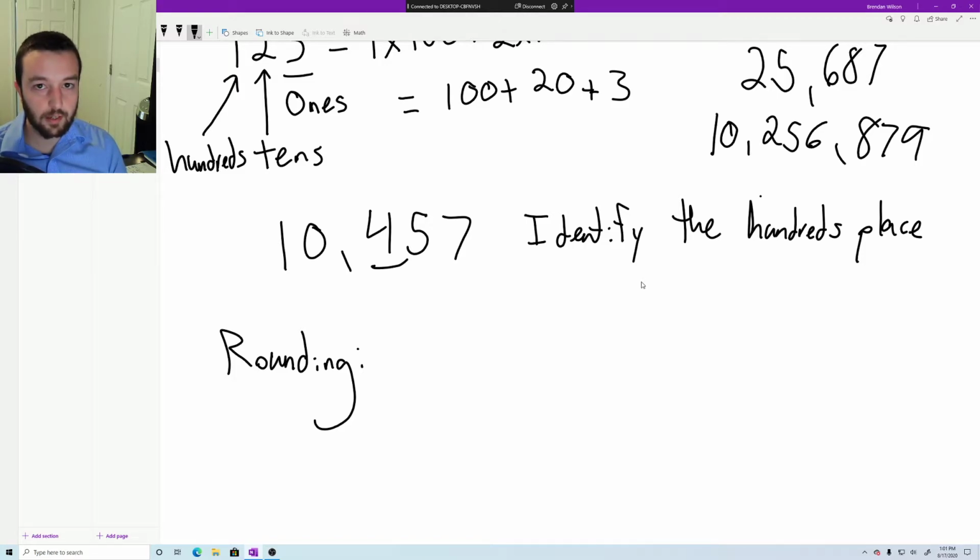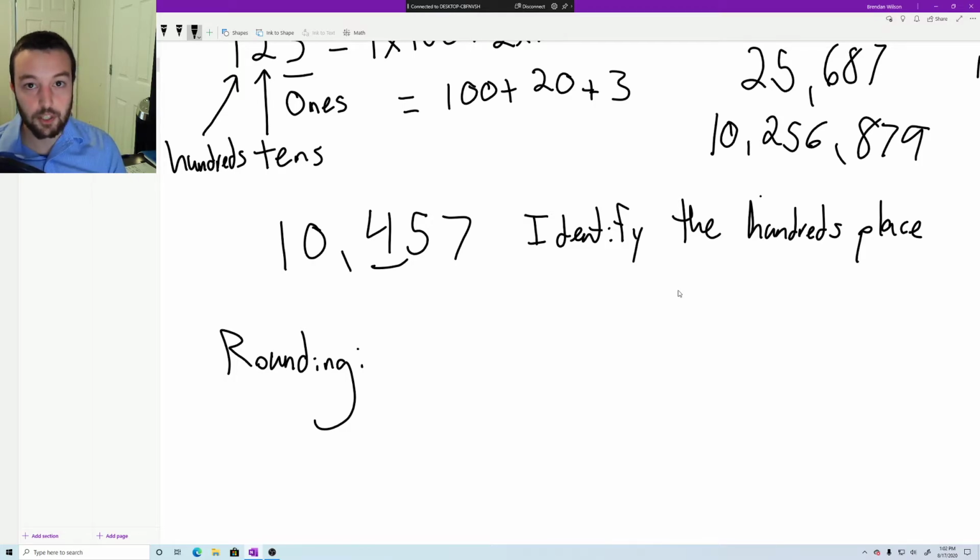We often want to round to a specific place value because sometimes, like with 10,457, we just care that it's close to 10,000. Sometimes we care that it's close to 10,450, right? It depends on the context.